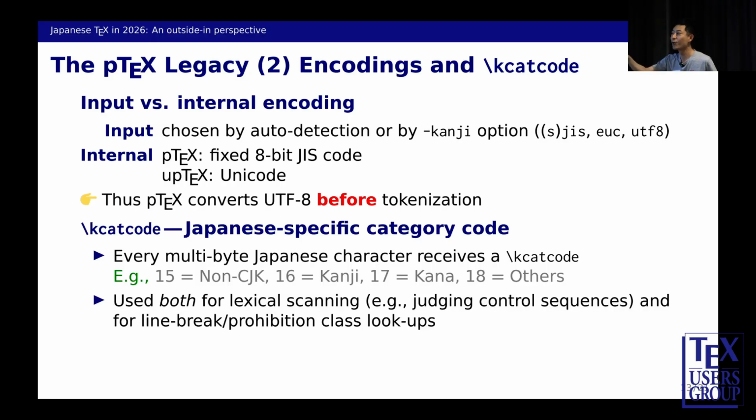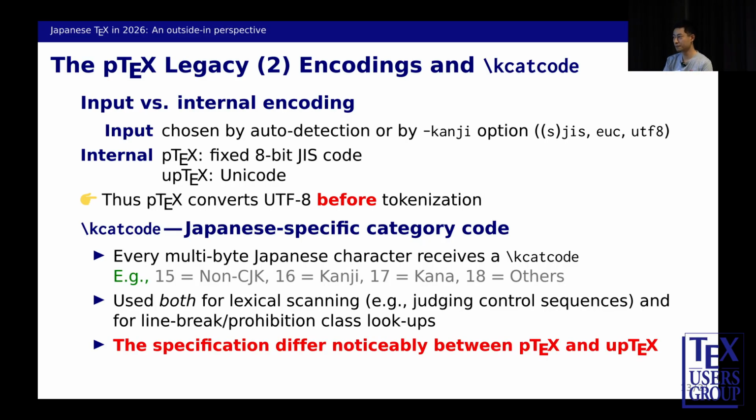And these KCAT codes are used both for lexical scanning, for instance for judging control sequence separation, and also for line breaking and prohibition class lookup, which can also be confusing because it has a double meaning. And even worse, the specification is noticeably different between pTeX and upTeX.